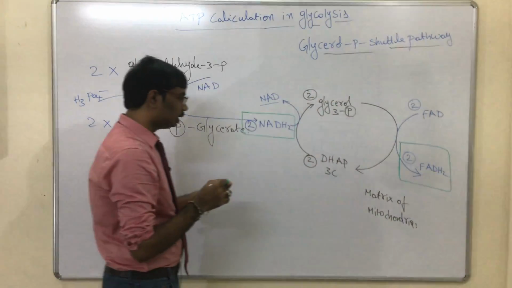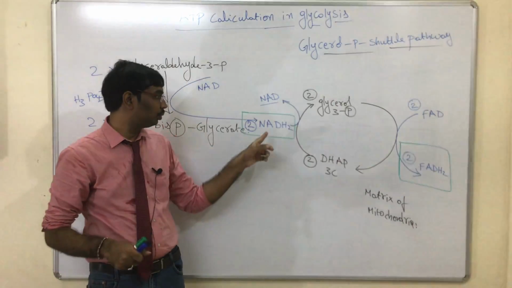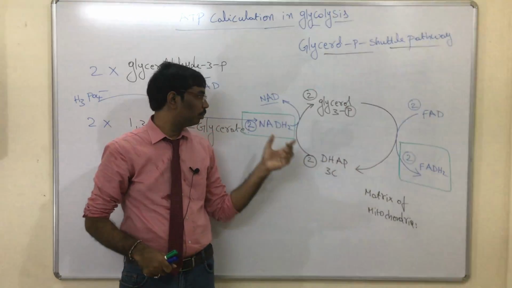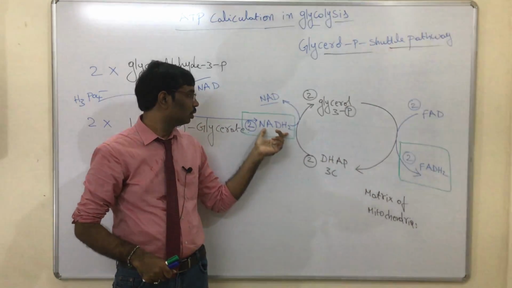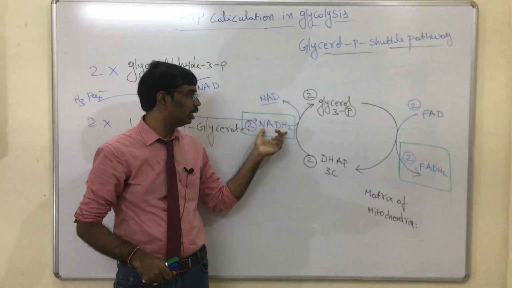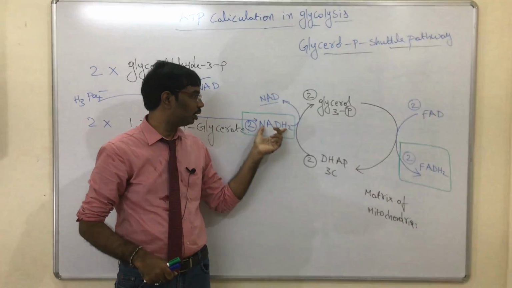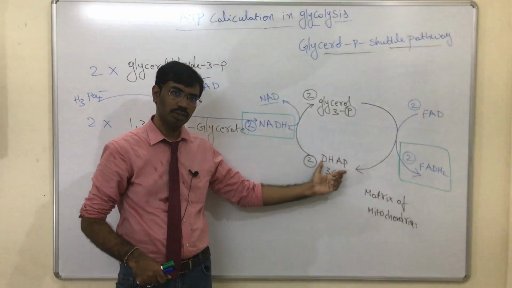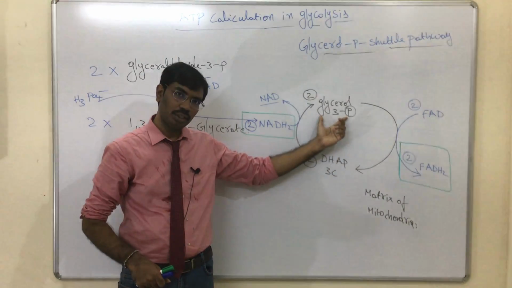Okay, so what is the significance of this reaction? NADH2 directly cannot enter into the mitochondrial matrix. So because of that, the reducing equivalents, meaning H plus ions, each NADH molecule contains 2 H plus ions. Those H plus ions are transferred to the dihydroxyacetone phosphate. So the dihydroxyacetone phosphate is converted into glycerol 3-phosphate.